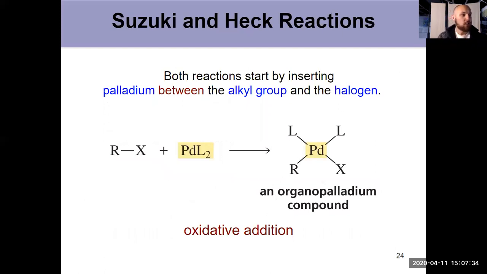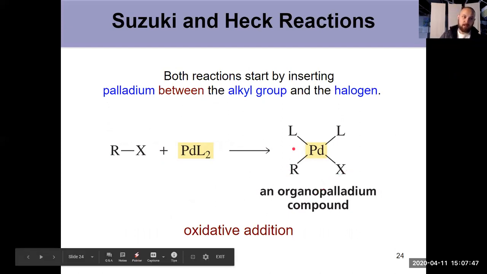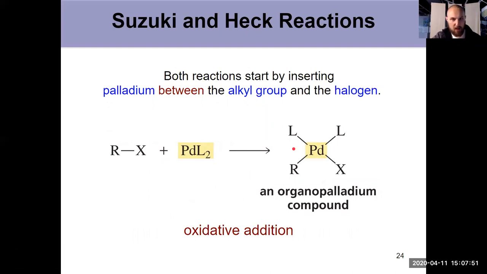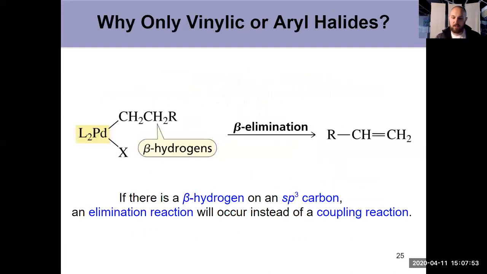Okay. So as I mentioned, the first step is insertion, right? Palladium goes in. That's called an oxidative addition. We'll see that term again here in just a second. Okay. But for all your substituents, specifically your carbon-based substituents, you've got to look out. If there's a beta hydrogen, elimination is going to happen before you have a chance to have any sort of coupling reaction and form that new bond.